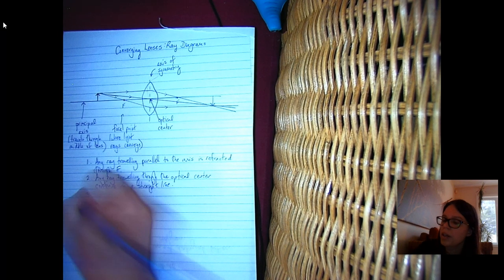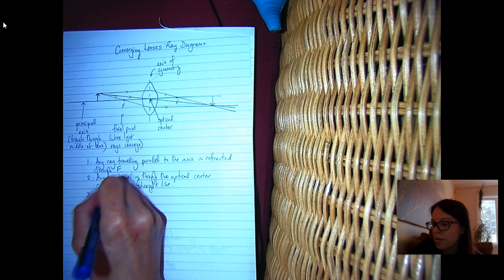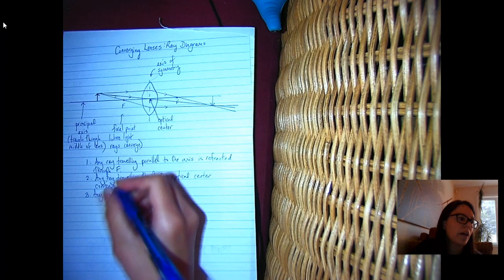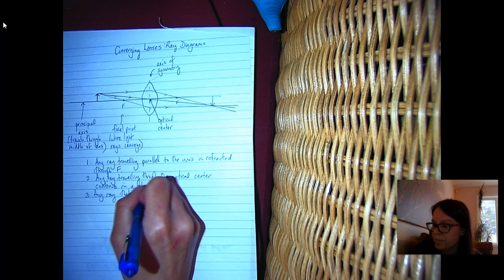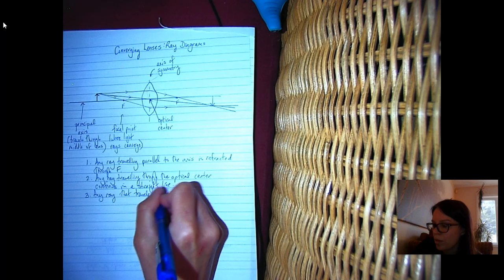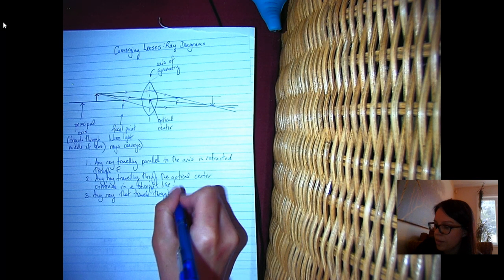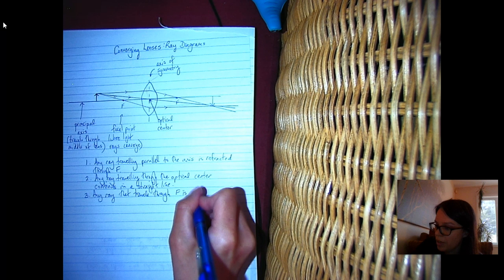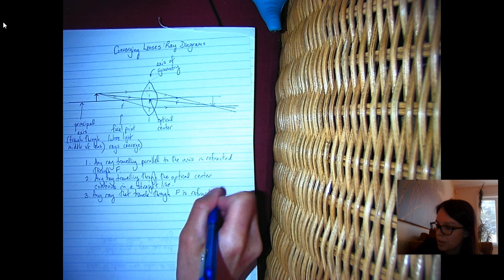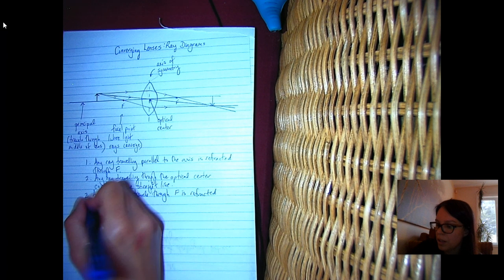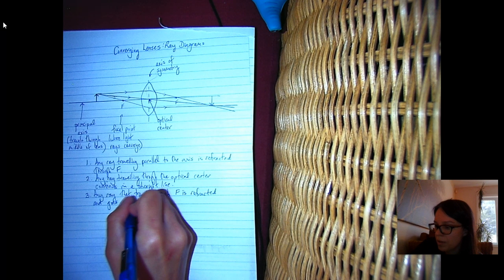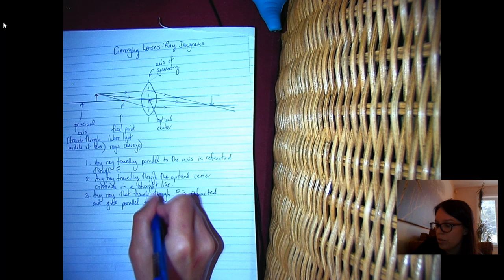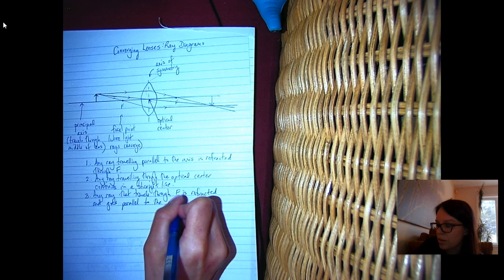Option number 3, any ray that travels through F is refracted and goes parallel to the axis.